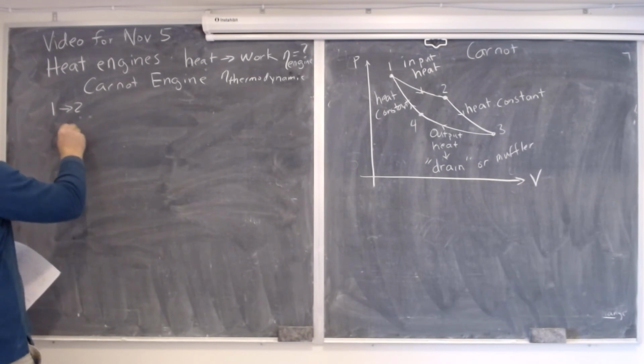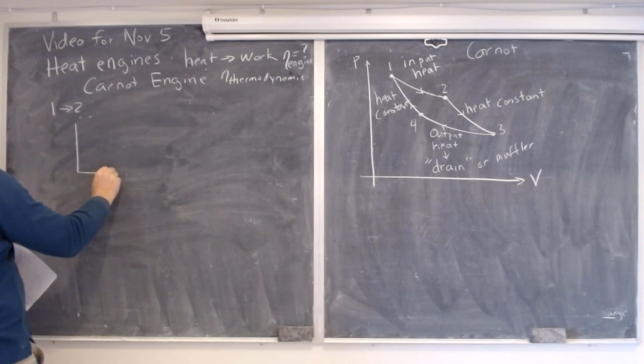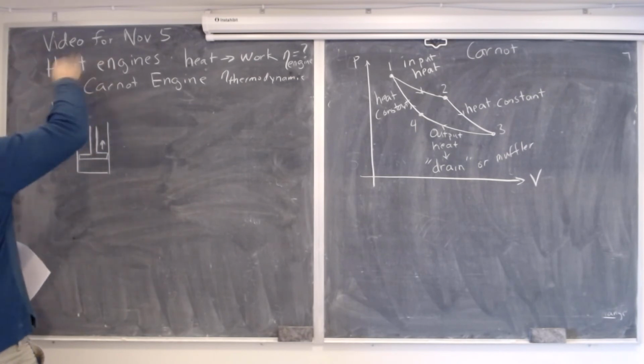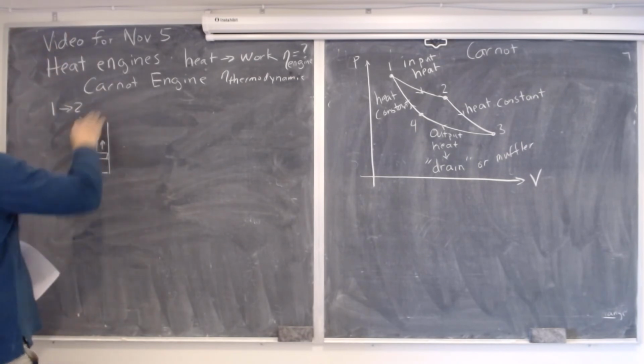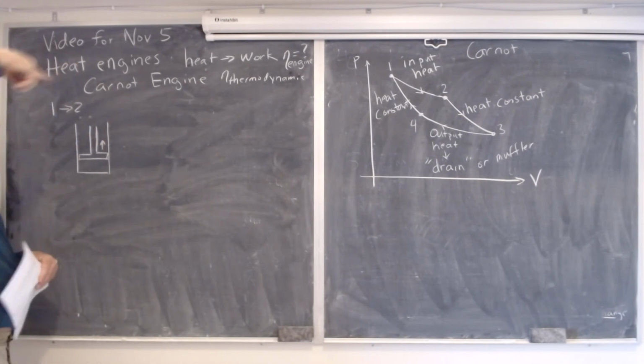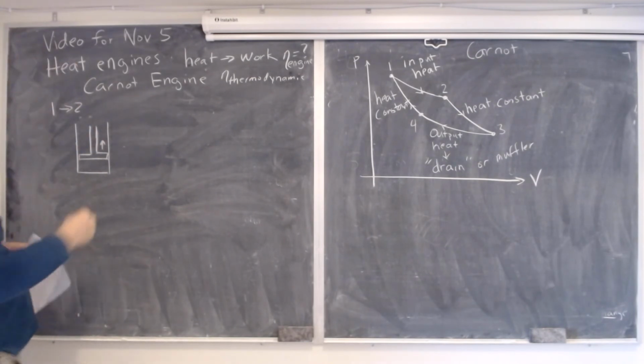Here's our cylinder. Here's our piston. For 1 to 2, it's moving up. I won't draw the crankshaft over here again, but we went through how this is connected through some mechanical linkages so it can turn a drive shaft that's going into the board.